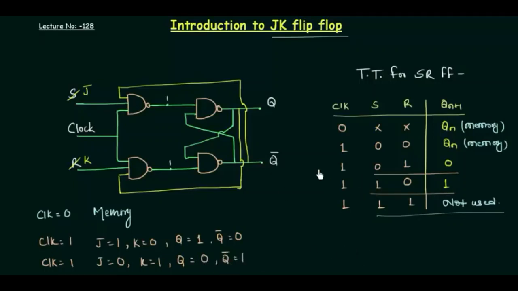So till now you have seen that for the first 4 cases everything is same in JK flip-flop and SR flip-flop, but this last case is different and very important, so let's discuss it. In this, my clock is high, my J is 1 and my K is also 1. So what will be the values for your Q and Q complement, that we have to see.